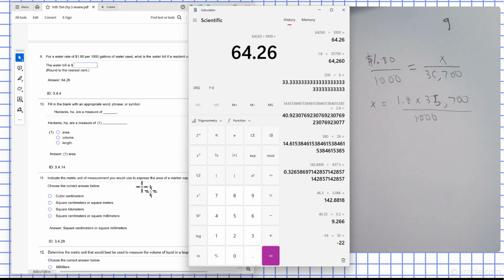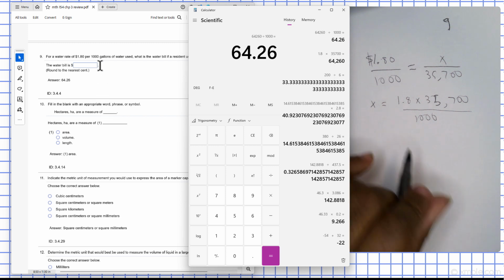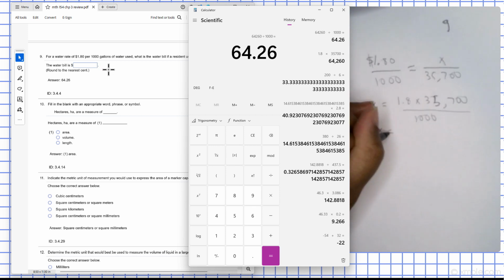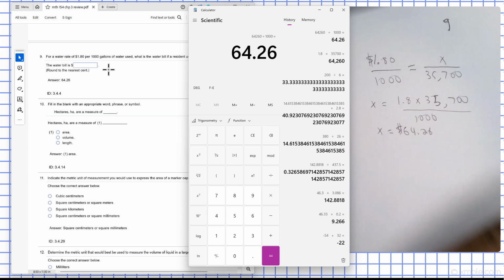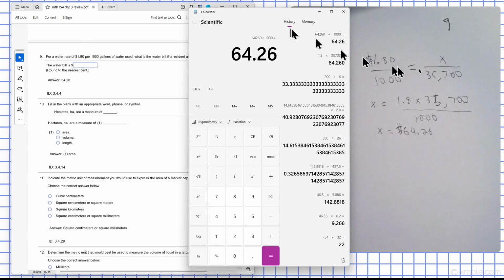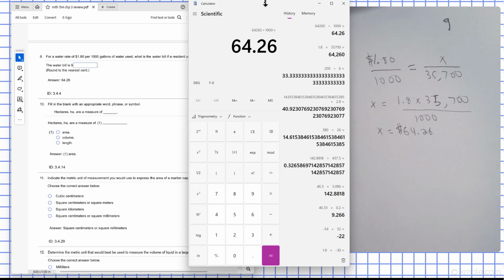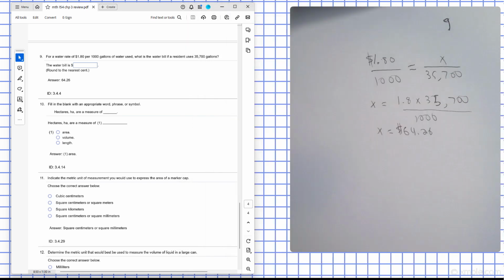And I end up with $64.26. Okay, that's the answer to number 9. But now we can look at number 10.